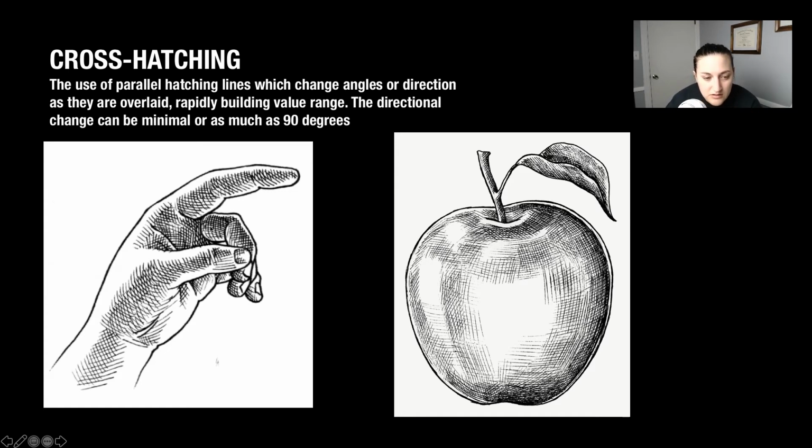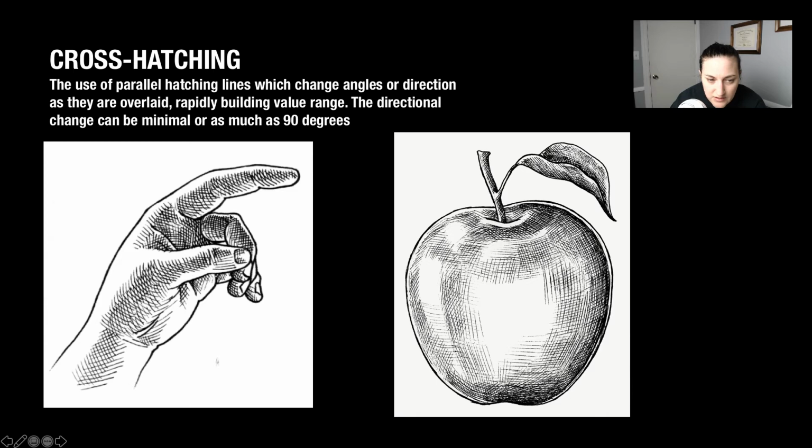Notice how we kind of selectively use multiple layers of the cross hatching for the very dark areas. So we'll layer those cross hatching techniques and layer them very densely in core shadow areas.